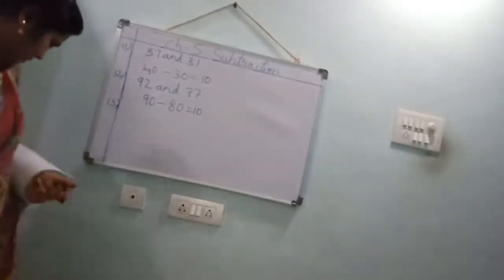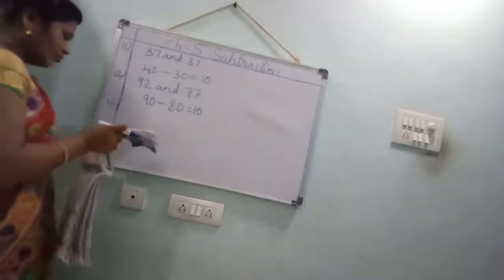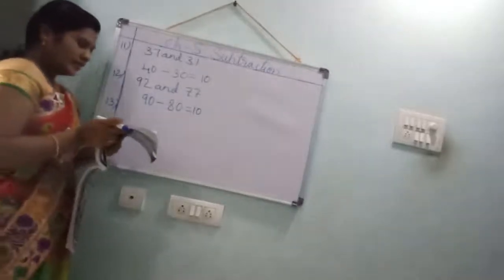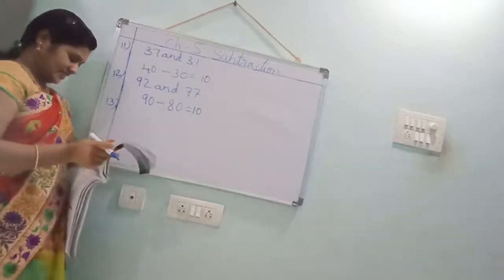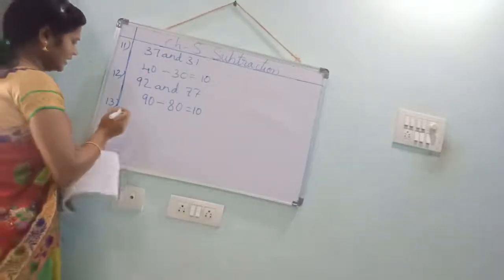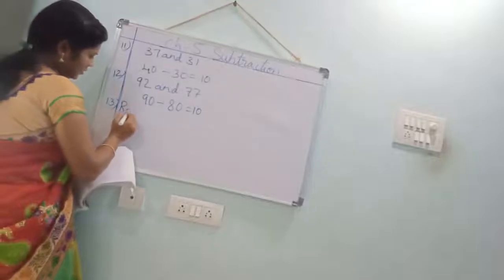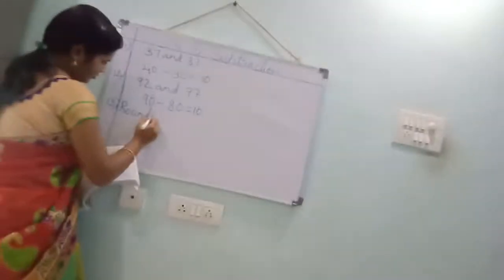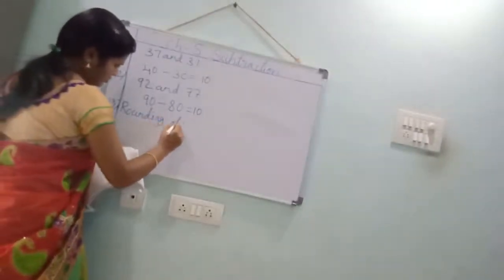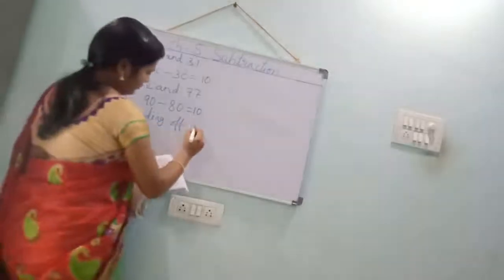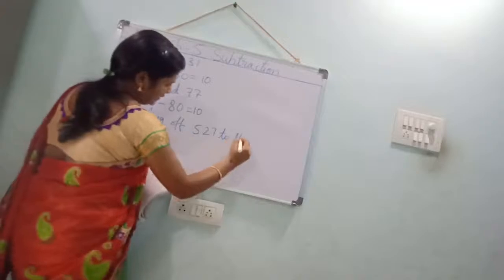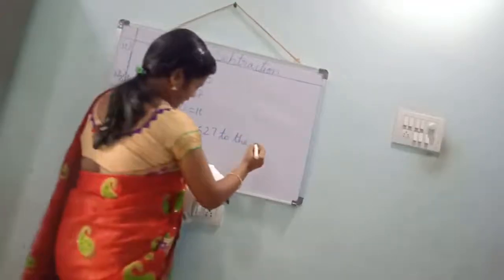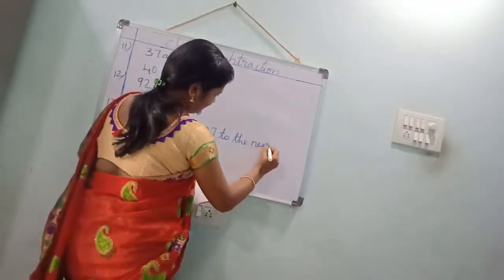13th one. Estimate the difference between 527 and 236. Okay. Rounding of 527 to the nearest tens.